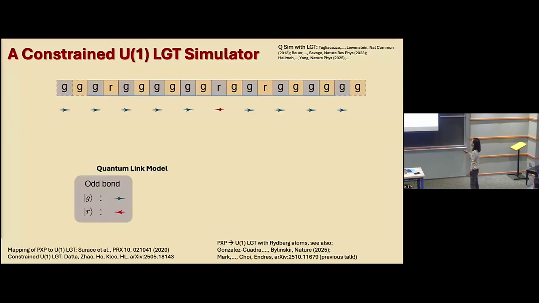But briefly, to see this mapping, you have the ground and the Rydberg states that you can map onto electric field strings pointing to the left or to the right. So if they reside on the odd bonds, for instance, the ground states point to the right, and then that staggered mapping holds for those atoms on the even bonds.